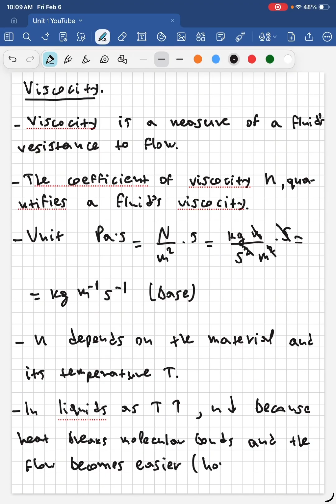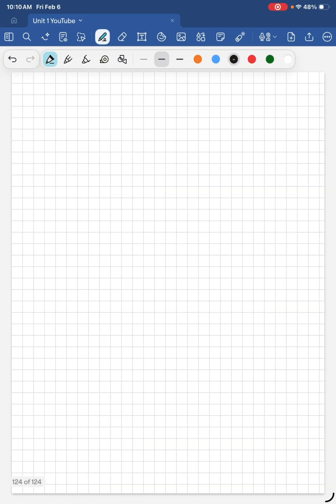Think of honey or wax. When you heat them up, bonds break and they become more fluid. The viscosity reduces.